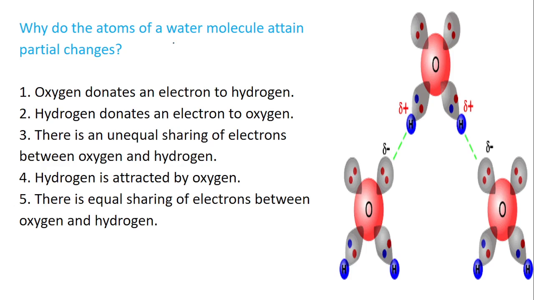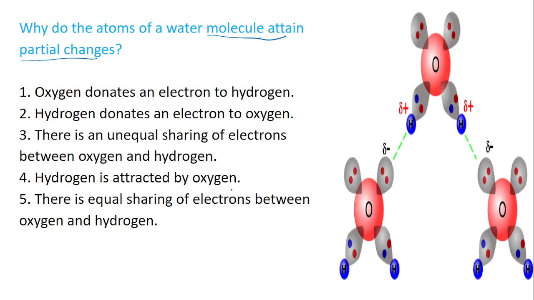Why do the atoms of a water molecule attain partial charges? I think these are things that have already been explained, so we were just moving on with the same thing. Once you understand everything, then everything will look like a repetition. So why do the atoms of a water molecule attain partial charges?